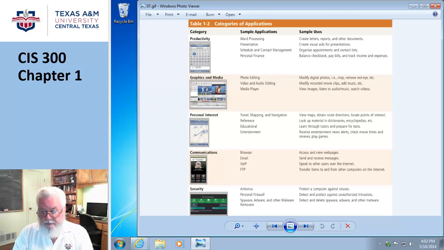On page 39, they talk about the typical technology users. So, they talk about the home user, what kind of a thing they would do. Home and small office is another type of user.